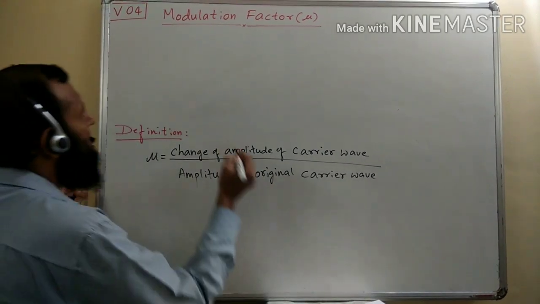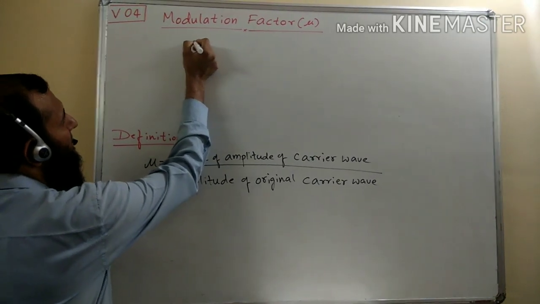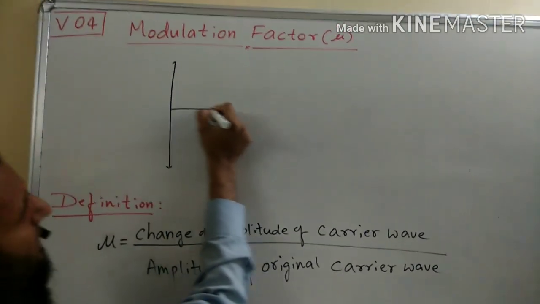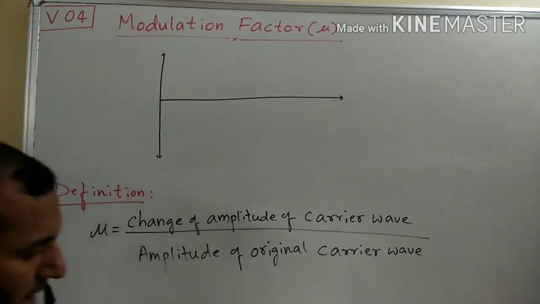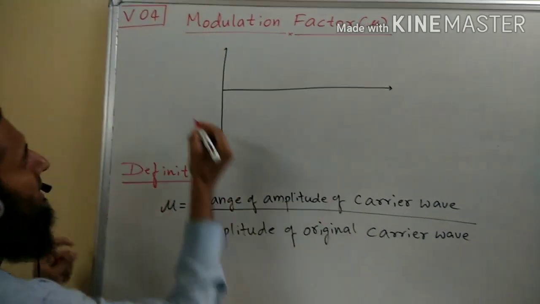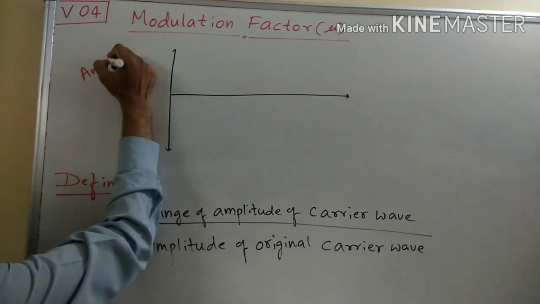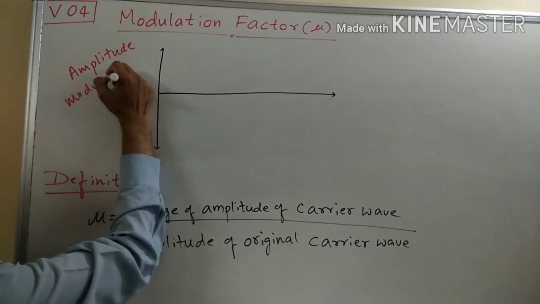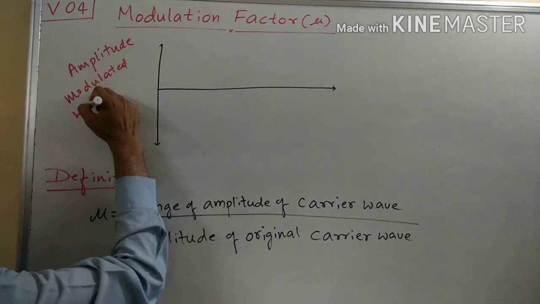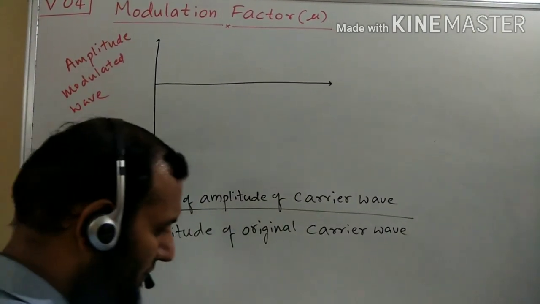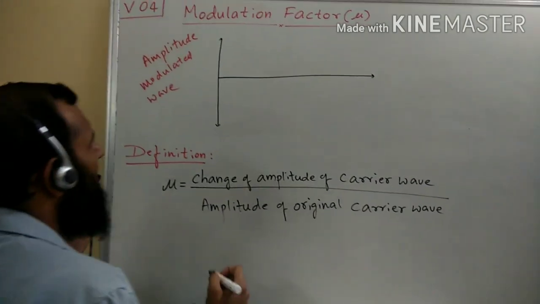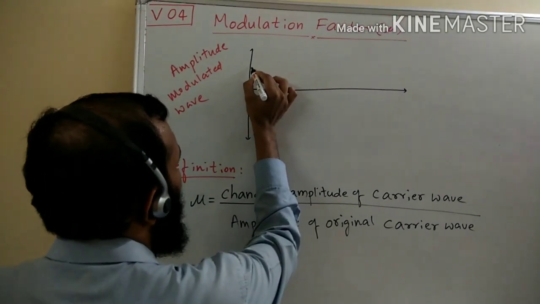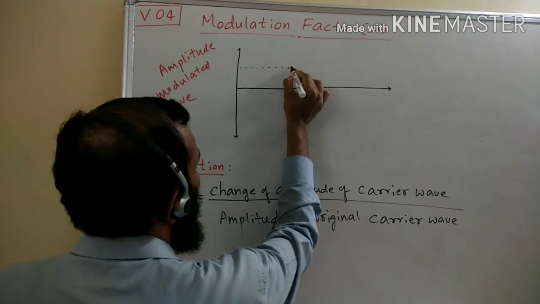In the amplitude modulation, the amplitude modulated wave is of this form. So let us draw the amplitude modulated wave. For drawing it, you have to take a reference point above this one.